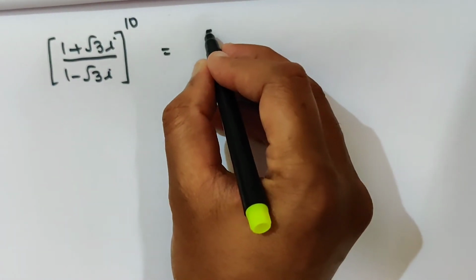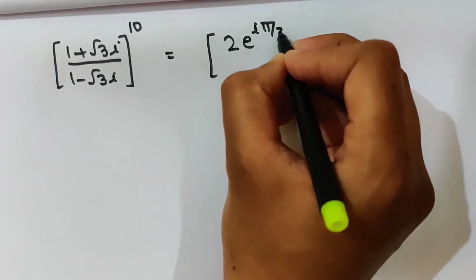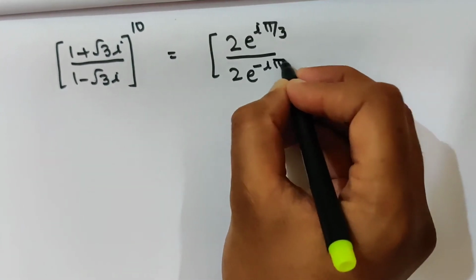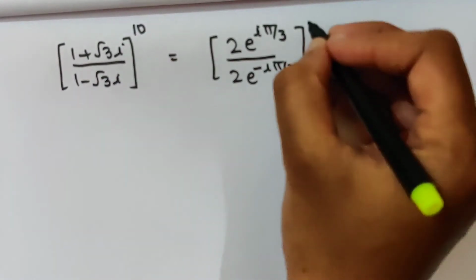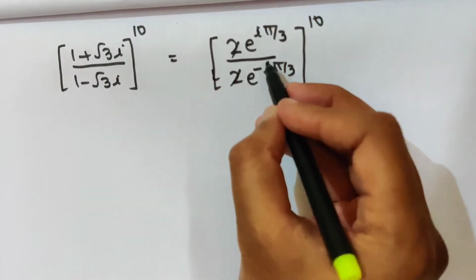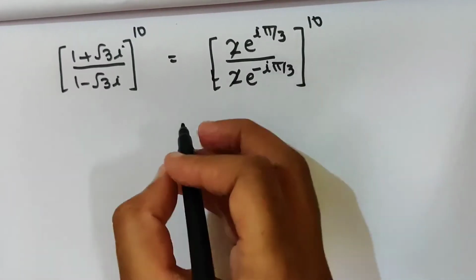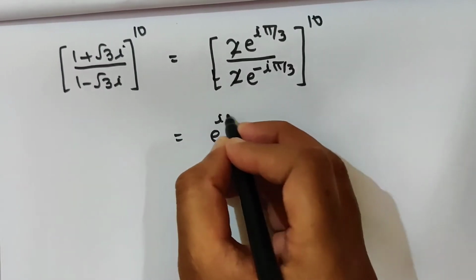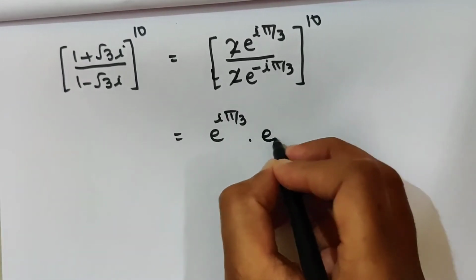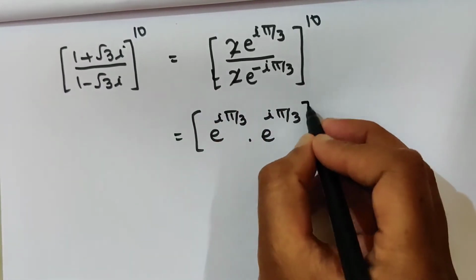Now I know the value of 1 plus root 3i and 1 minus root 3i. Substitute here. So I'll get (2 into e power i pi by 3 divided by 2 into e power minus i pi by 3) the whole power 10. 2 and 2 will get cancelled. If e power minus i pi by 3 comes to the numerator, it becomes e power i pi by 3, into e power plus i pi by 3, the whole power 10.